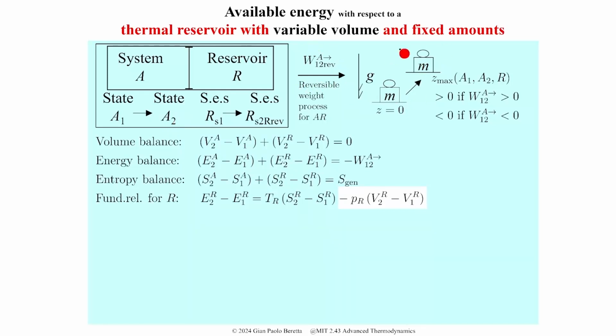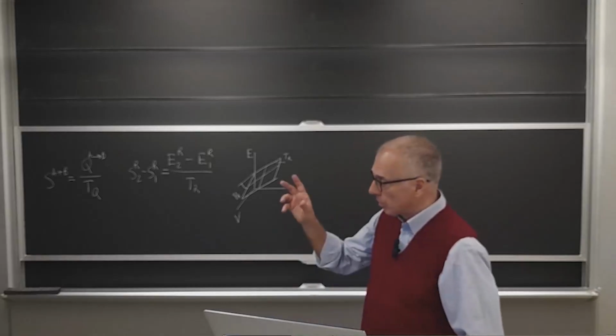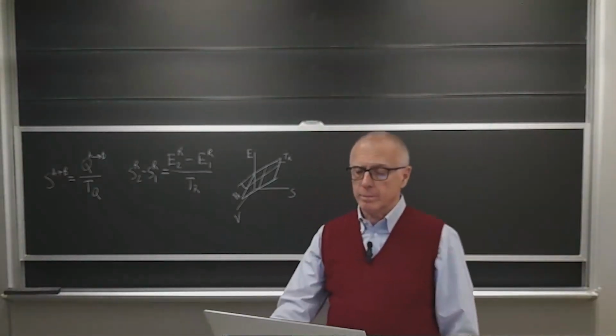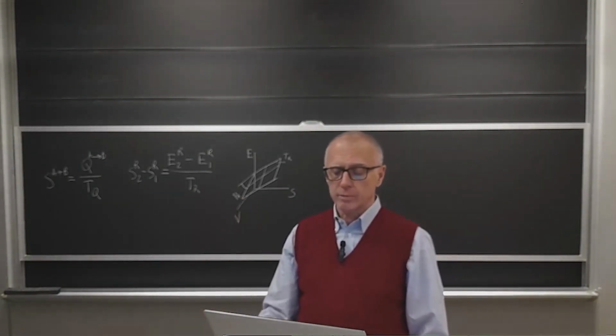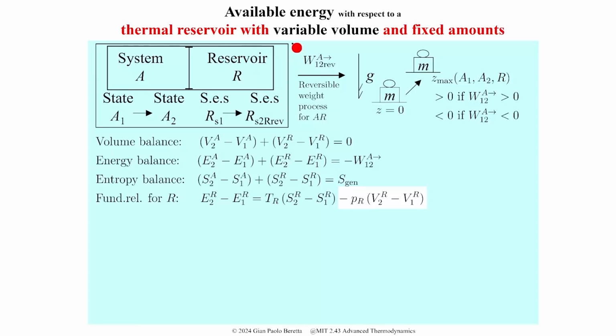You want to ask the maximum work or the minimum work requirement for doing that change. Well, energy balance, entropy balance, fundamental relation for the reservoir, and here you also have to do a volume balance because you have an additional variable that has to be kept fixed for the composite system. The overall volume is conserved in order to have no other external effects, like in a weight process.